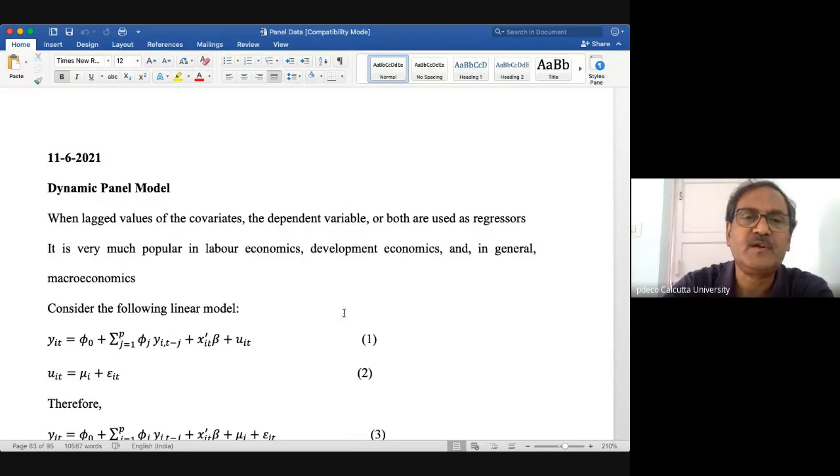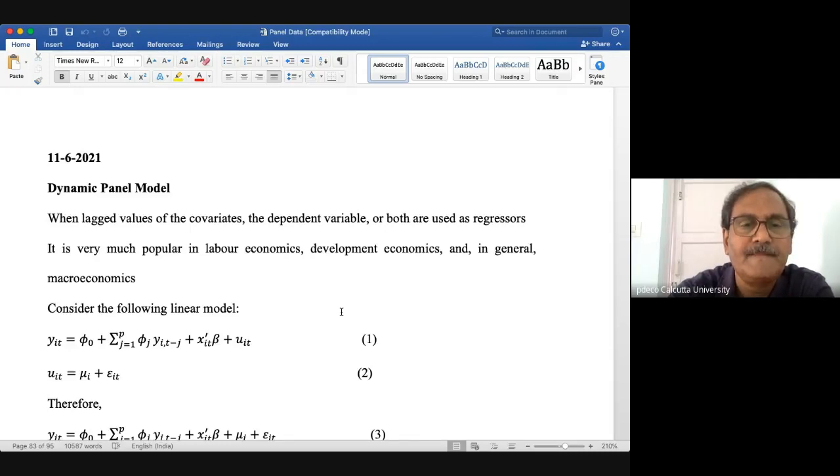Dynamic panel data model, as I have already mentioned, when lagged values of the variables, particularly the dependent variables, are used in a model, you have a dynamic model. But in some cases, the lagged values of other covariates you can also consider.